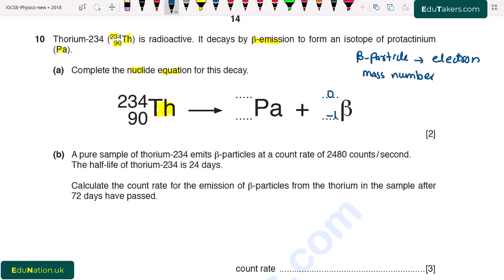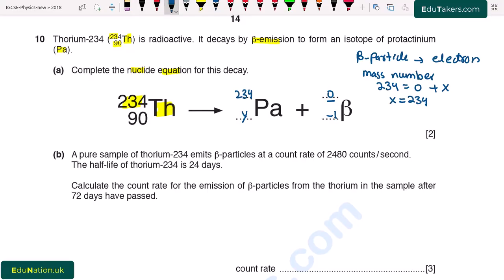On the left hand side, mass number is 234, so 234 will be equal to the beta particle's mass 0 plus x, and I have to find x. So x will be equal to 234. It means that the mass number of protactinium is 234.